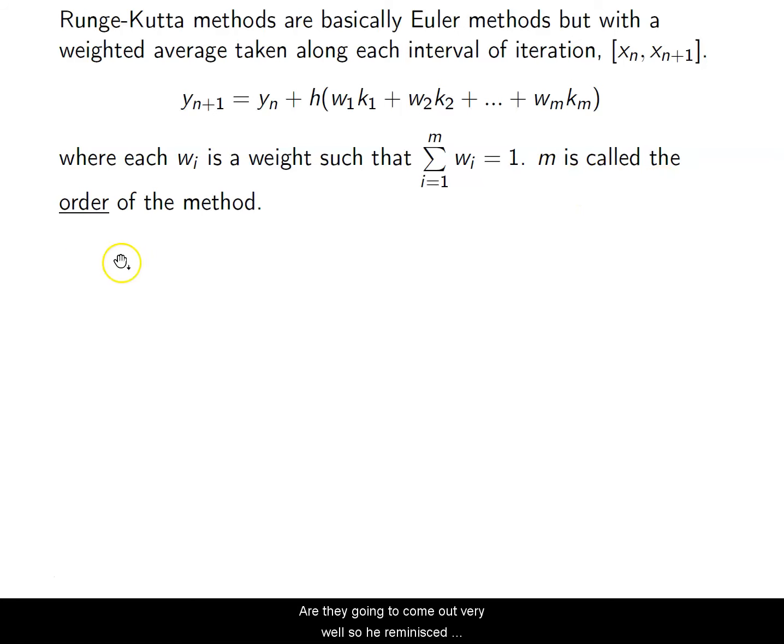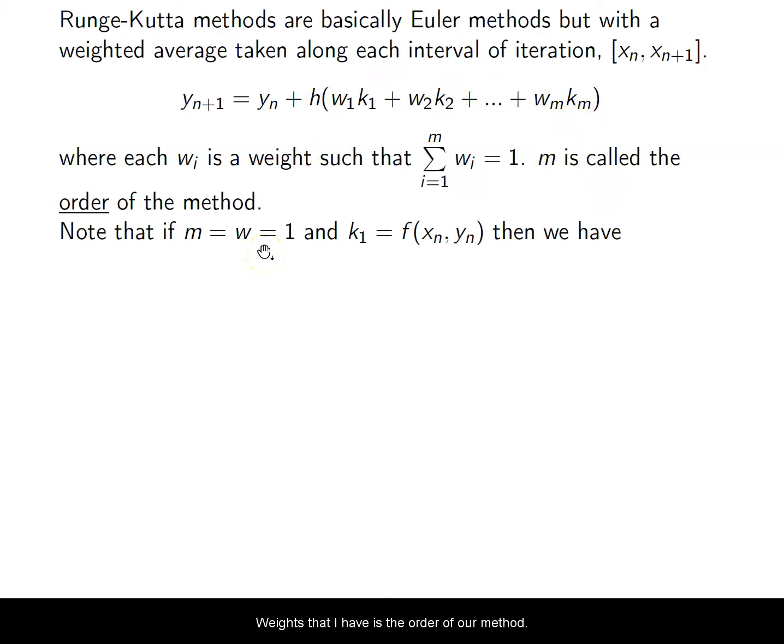Here, m is called the order of the method. The number of weights that I have is the order of our method. If m is 1, I only have one weight, and I let that weight be 1.